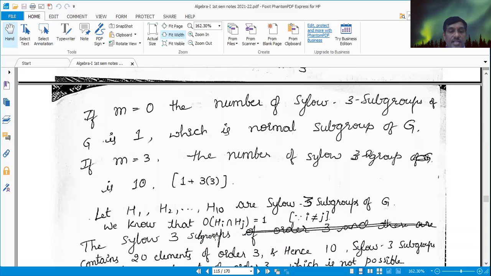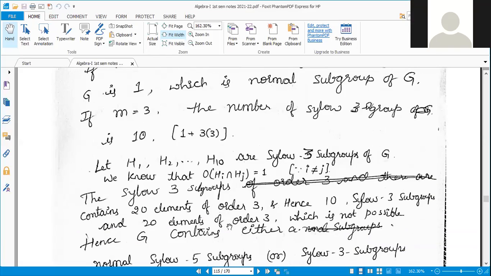Again, the order of Hi intersection Hj must be 1. The Sylow 3-subgroups contain 20 elements of order 3. Hence 10 Sylow 3-subgroups give 20 elements of order 3, which is not possible because the order is only 30.